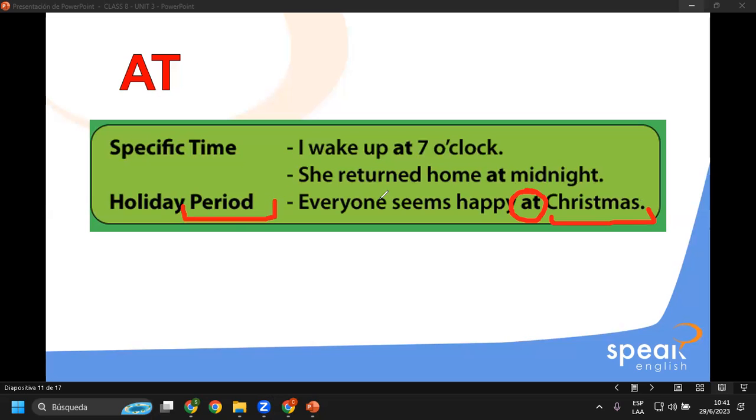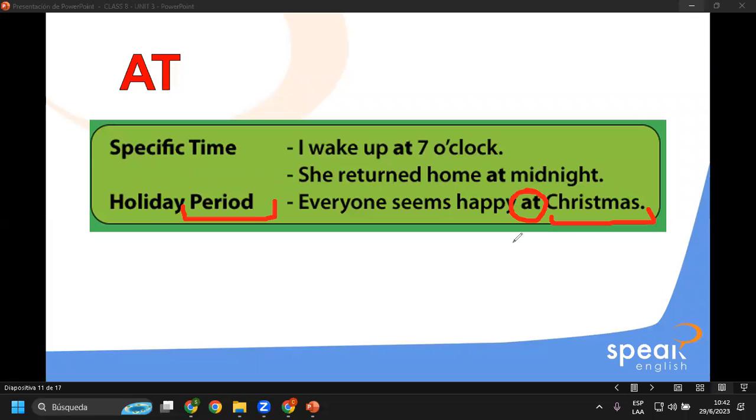All the Christmas season. Exactly. You know that we celebrate Christmas for like 1 month, right? So if you say at Christmas, it's because you are talking about the full season. Is it clear?